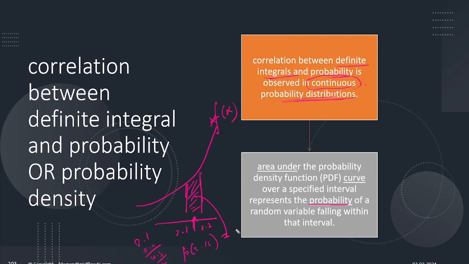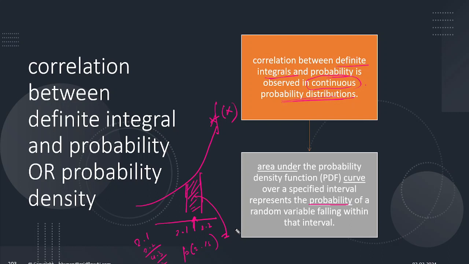Now we are talking about a continuous variable, where the variable can assume infinite values, and then it's very hard to compute the probability of a specific value the variable can take.